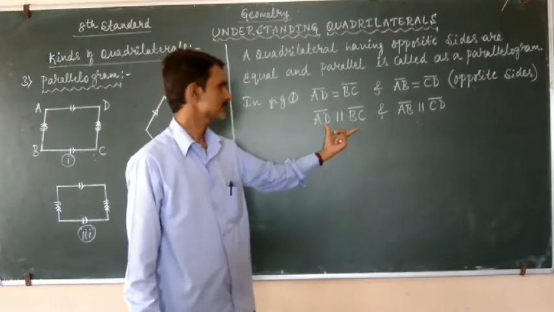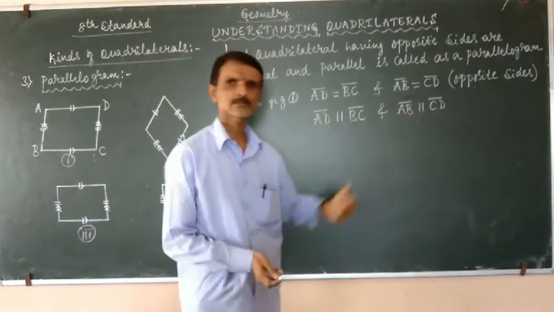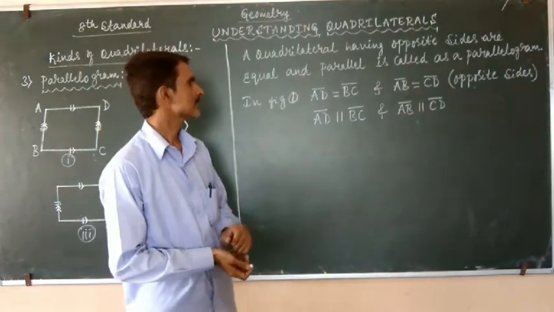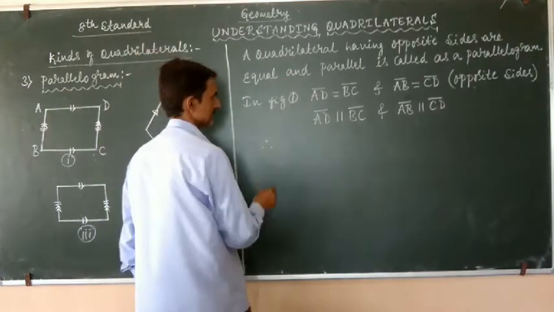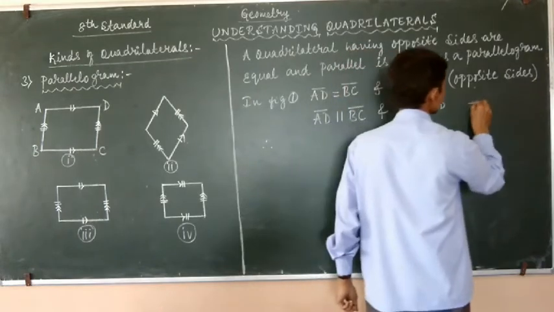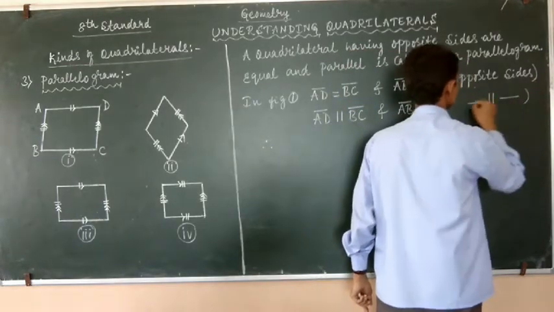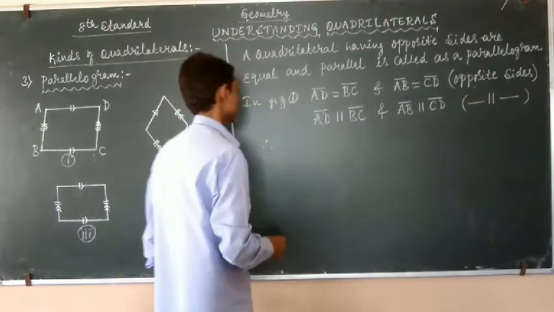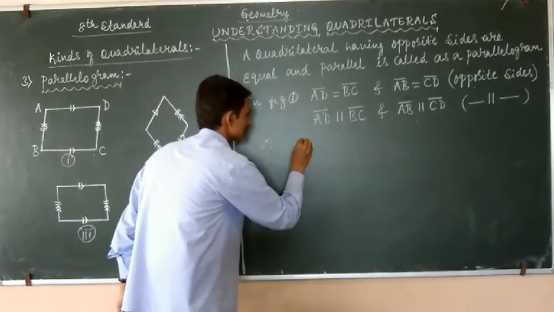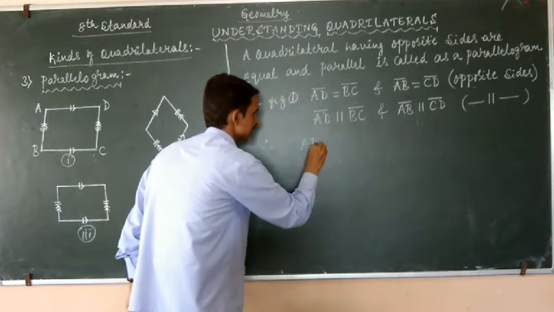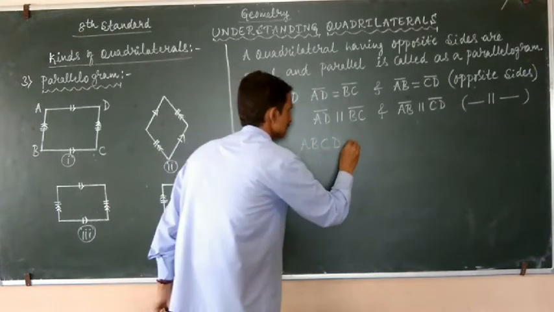AD is parallel to BC, and AB is parallel to CD. So according to the definition, these are also opposite sides. Therefore, we can call that ABCD is a parallelogram.